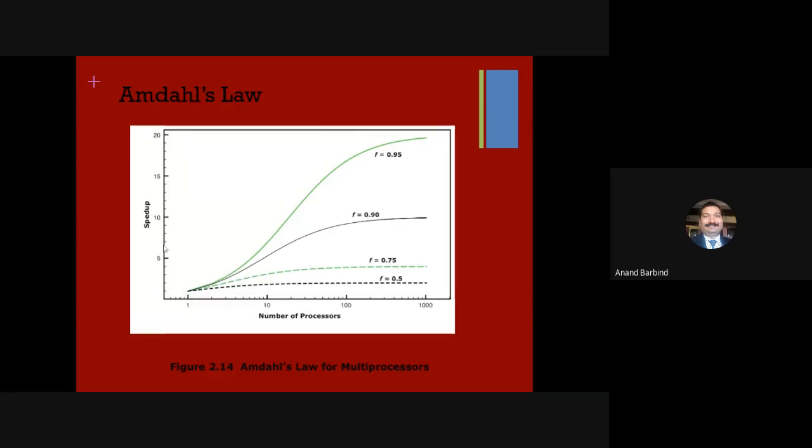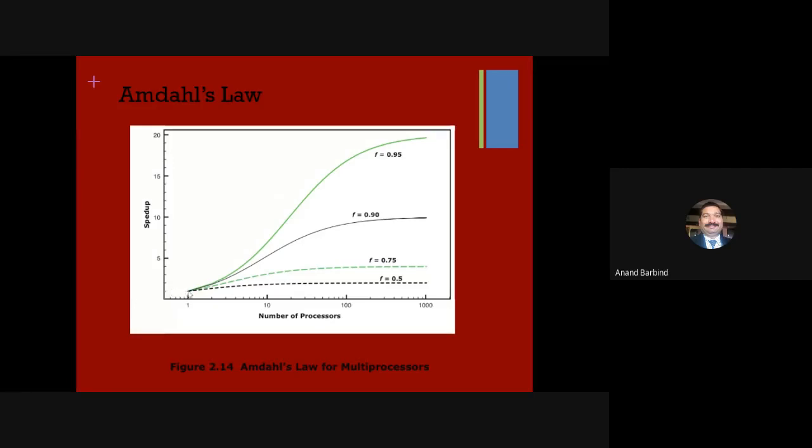The speedup is on the y-axis. By increasing the number of processors, you can increase the speed. For example, here you are having a single processor, only one processor, so your speedup is 1.